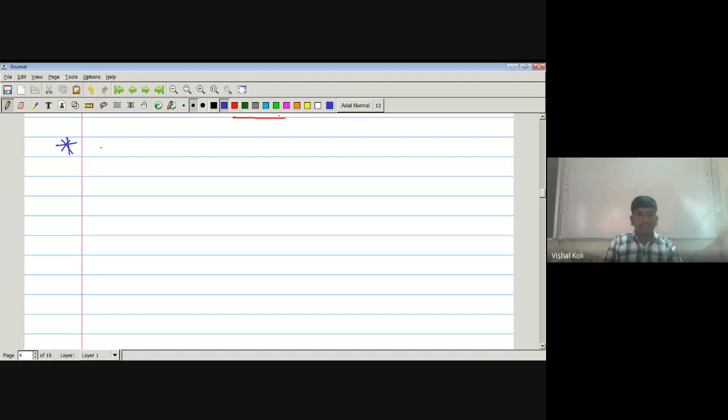So if A is equal to [3 minus 1 2; 4 0 5] and B equal to [minus 1 3 5; 2 minus 4 0], first row will be minus 1 3 5, second row 2 minus 4 0.